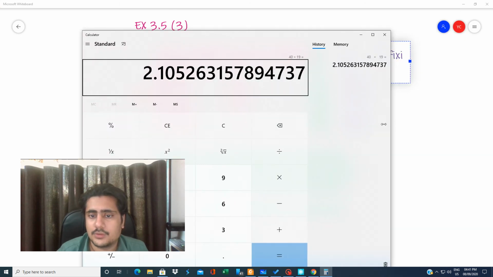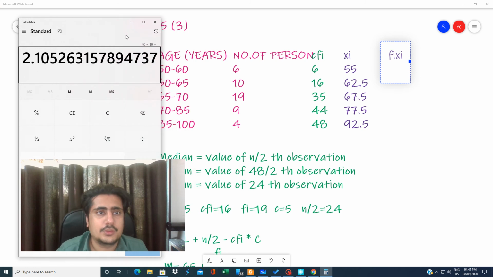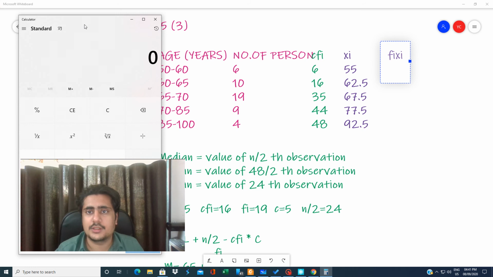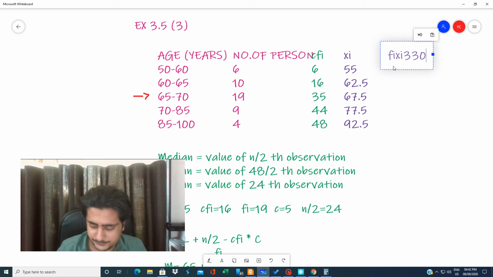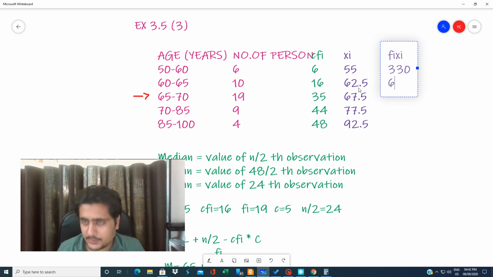Let us solve this fi xi. We are using this calculator here. You can see everything, frequency, xi, and all the things. So now let's come to 6 into 55, which is 330. So I'll be typing 330 here. Then 10 into 62.5, which is 625.